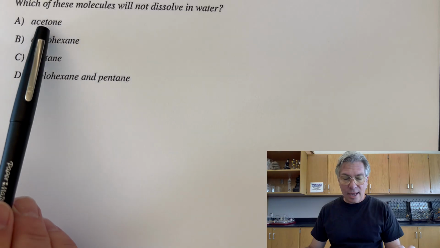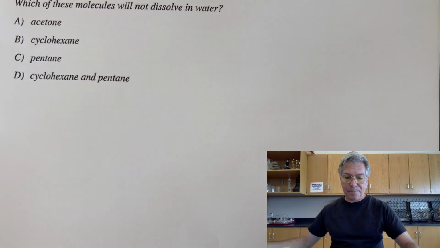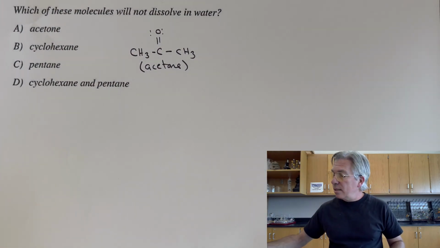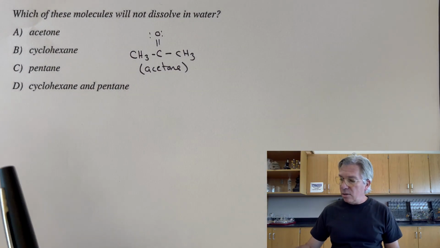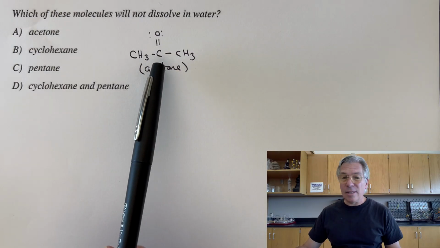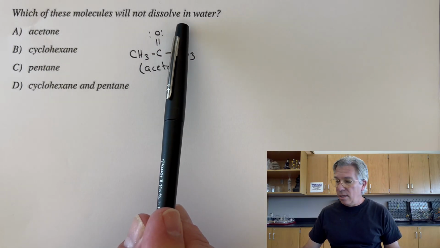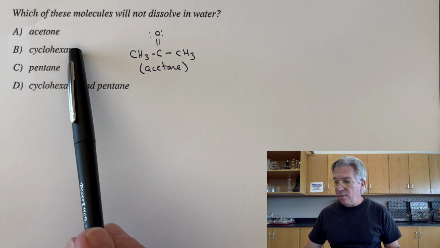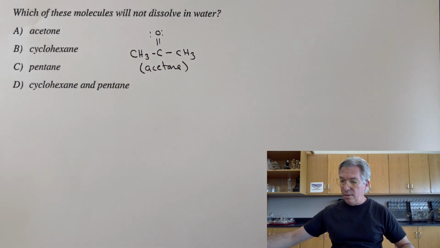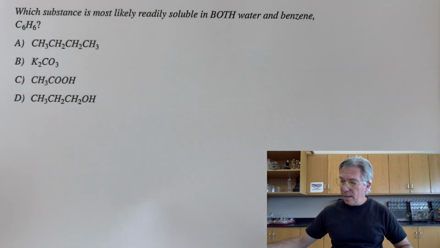But let's take a look at acetone first just to see what it looks like. Hopefully your test giver will be nice and actually give you the structure of it. But acetone looks something like this. It happens to be a little polar because of that oxygen sticking out. And so it will dissolve in water, so that's not my choice. But I think both of these are going to not dissolve in water. Okay, your turn. Take a moment and try this one.